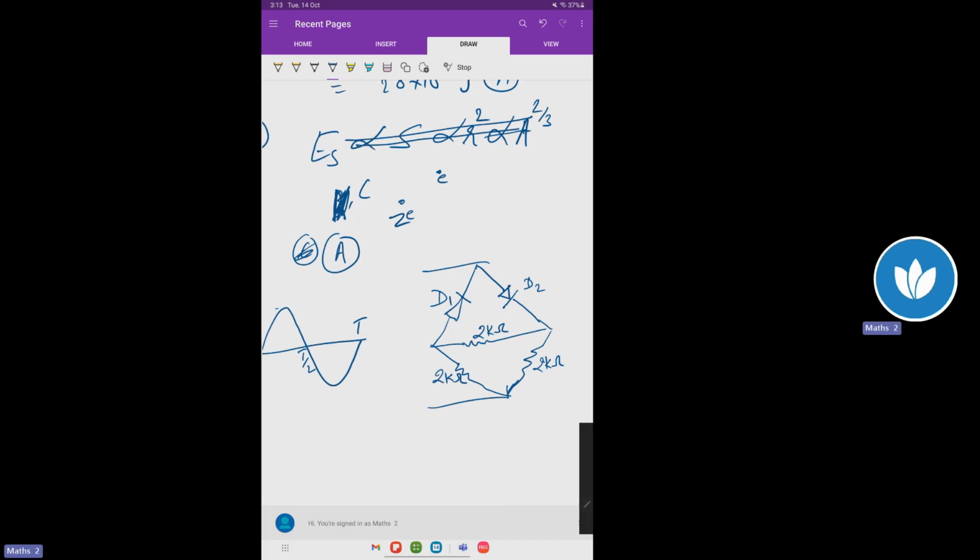So for positive half cycle, this diode is in forward condition, and this D1 is in reverse condition.